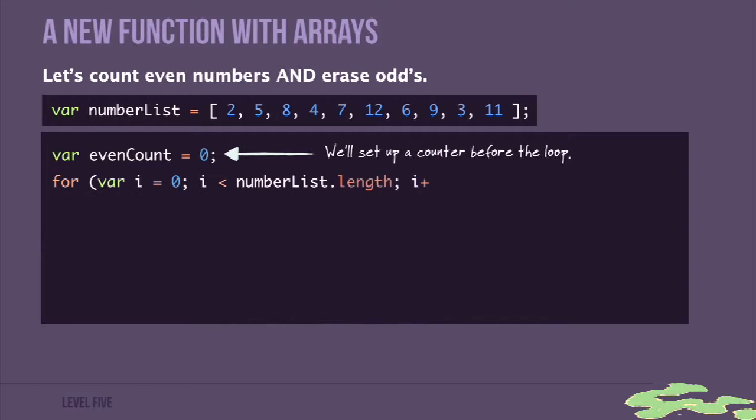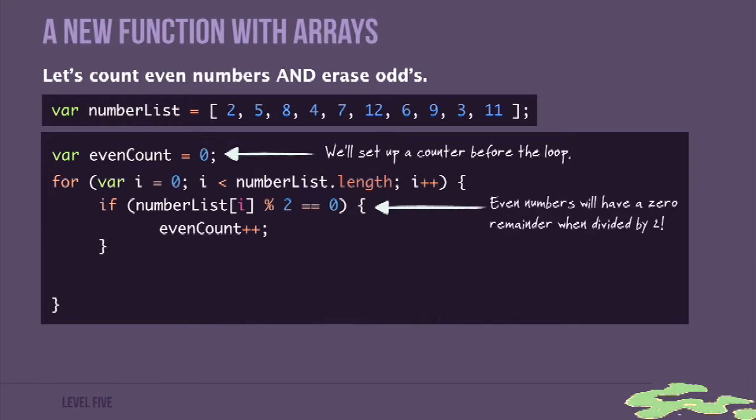Then we'll start our for loop that progresses through the array just as our previous for loop did. Inside the loop, we need a way to check if we have an even number. If our reference value divided by 2 has a remainder of 0, we will increase the evenCount variable because we have found an even number. But otherwise, if we don't have an even number, what do we have?